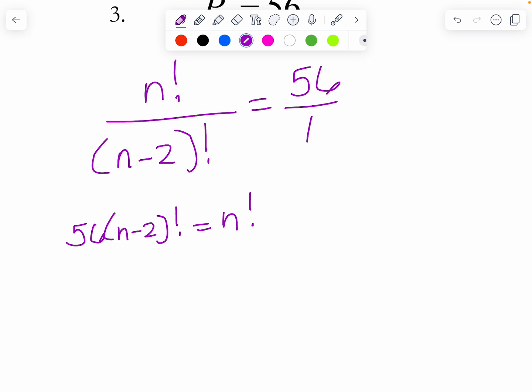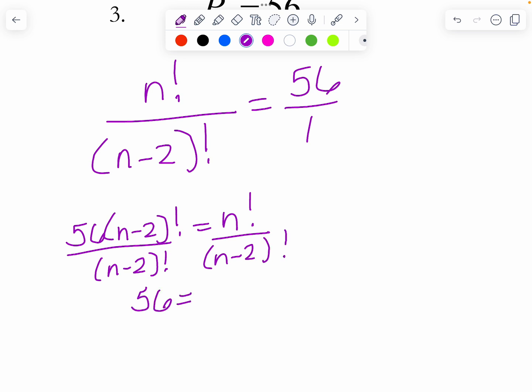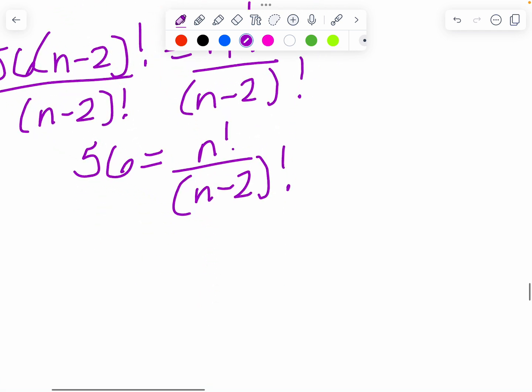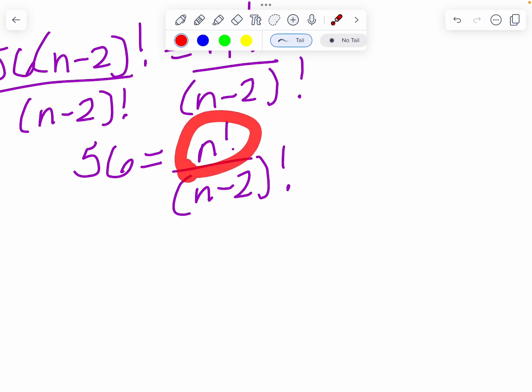I'm going to get the 56 by itself. So I am going to divide by the n factorial, n minus 2 factorial. So I have 56 equals n factorial over n minus 2 factorial. I don't need to show all of these steps, but I'm showing it to you. I'm going to write the larger factorial in terms of the smaller factorial.